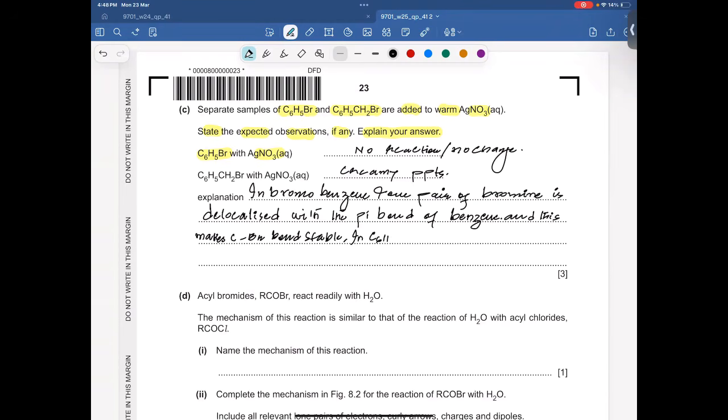In C6H5CH2Br, the carbon-bromine bond is polar, which can undergo reaction easily.